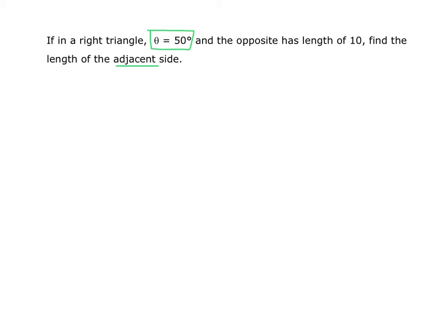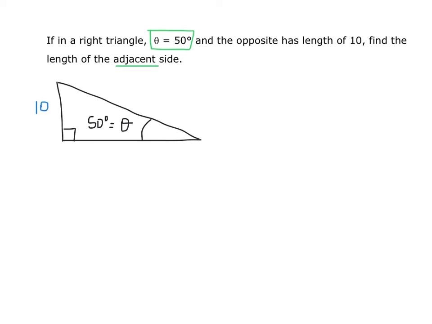So let's draw a picture to get an idea of what our triangle looks like. So there's our right triangle, and let's label this as theta, and we know that that is 50 degrees. The other piece of information we're given is that the opposite side has length of 10. What we want is the adjacent side.